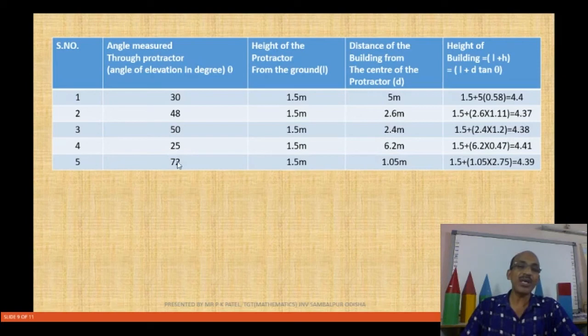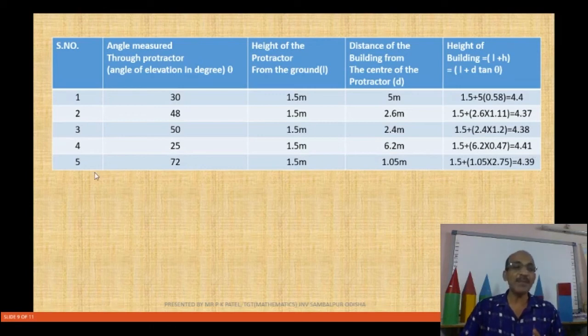In the fourth position, the angle of elevation is 25, the height is the same 1.5 meter. Then the distance between the clinometer and the building is now 6.2, because the angle of elevation is smaller, so the distance must be longer. So 1.5 plus 6.2 into 0.47, and after simplification we get 4.41.